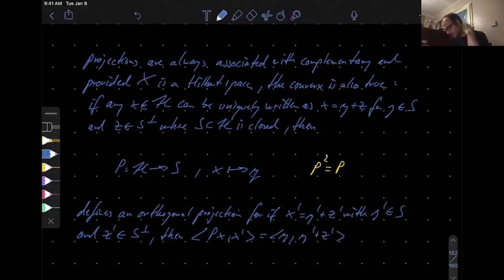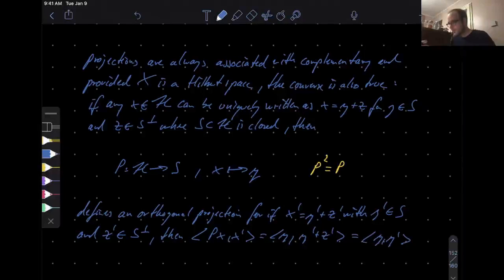So y is an element in S, and y prime is in S, but z prime is in the orthogonal complement. If you split the inner product into a sum of two inner products, then the second one will go to 0, because z prime is orthogonal to anything in S, so in particular orthogonal to y. So that's why this is the inner product of y with y prime.